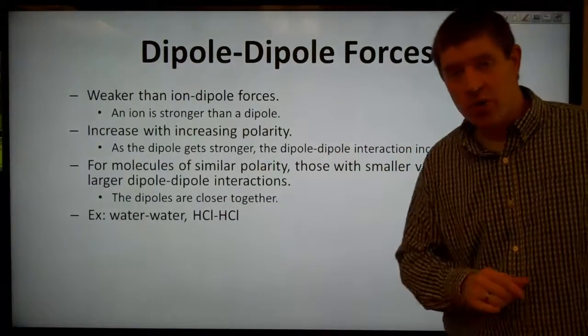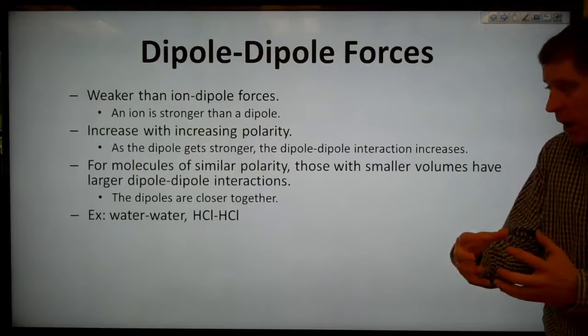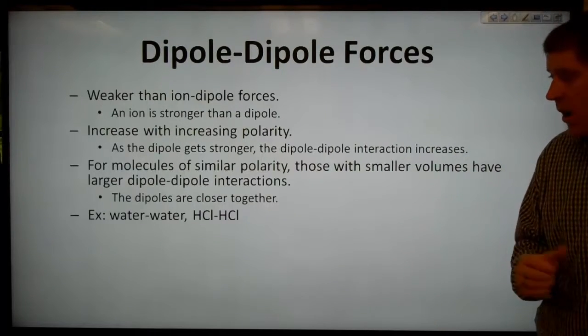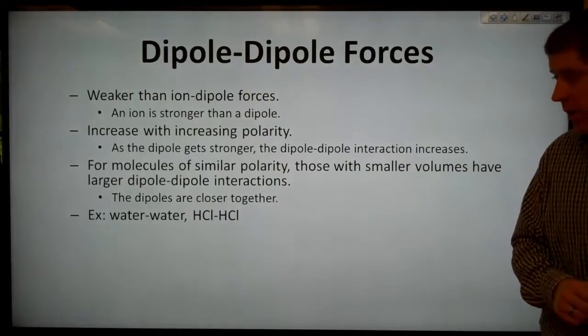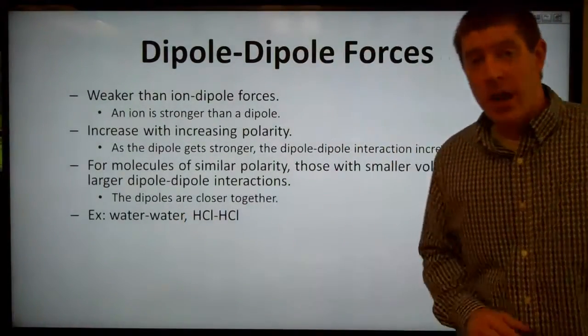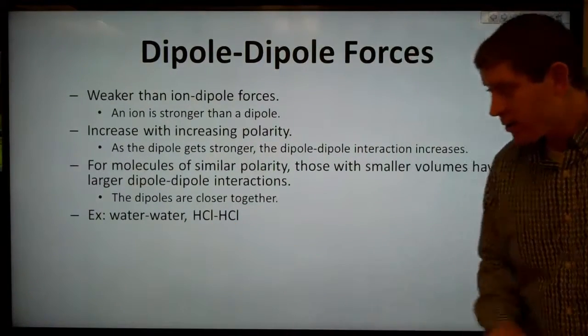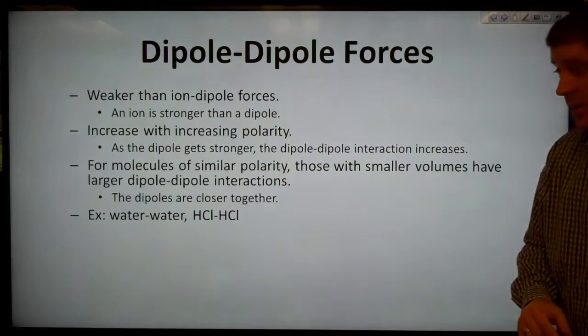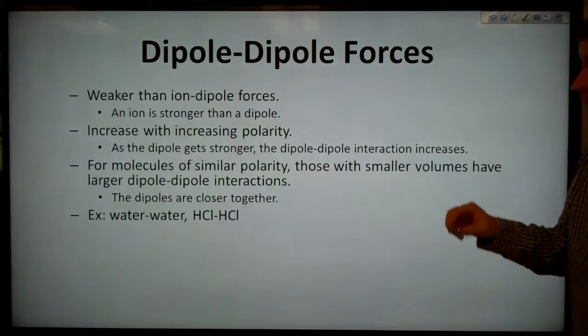The same thing is true for our dipole-dipole forces. As we get our molecules smaller, the dipoles can get closer together, and the dipole-dipole interactions will get stronger. So for something like water, that is a dipole-dipole interaction. Hydrogen chloride is another one. Hydrogen chloride will have dipole-dipole interactions with water as well.